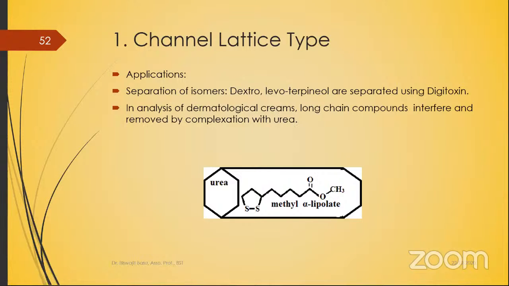Okay, that is another application. So these are the two main applications of channel type complex: separation of isomers, dextro and levo terpineol, and analysis of dermatological cream, where long chain compounds that interfere are removed by complexation with urea.